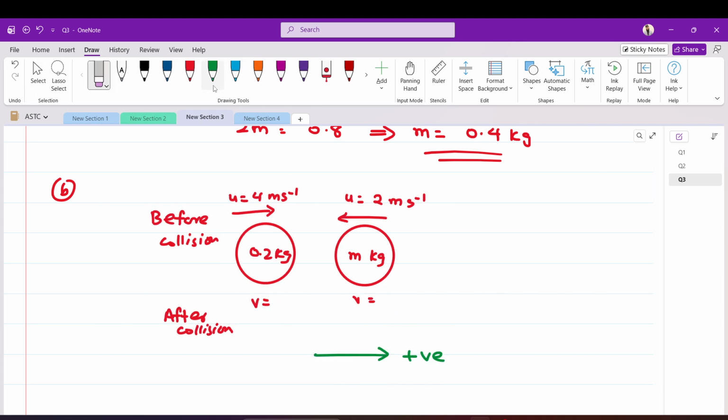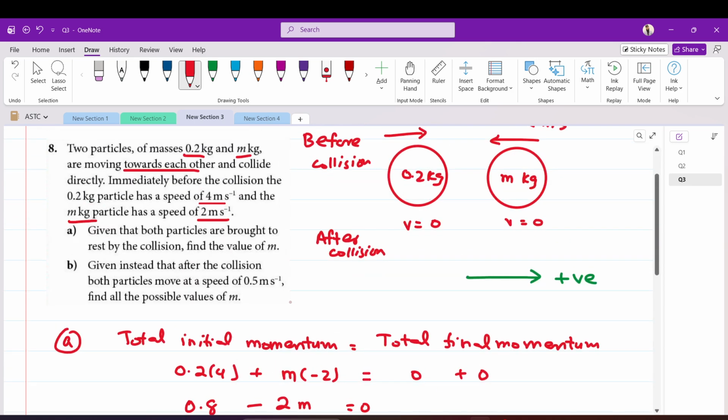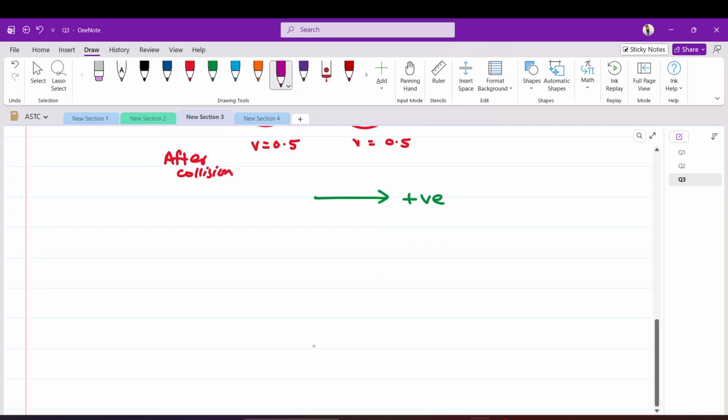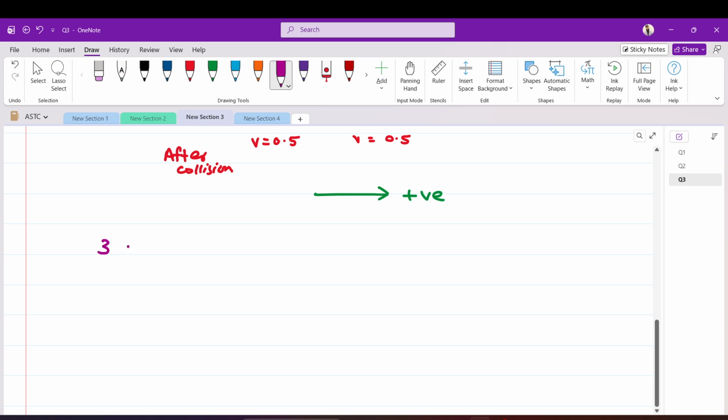Okay, now it says that both of them have a final velocity of, sorry, 0.5 meters per second, but they haven't specified what the direction is, right? So now if you imagine this scenario, there could be three possibilities. Okay, let me list them down. So after collision, there could be three possibilities.